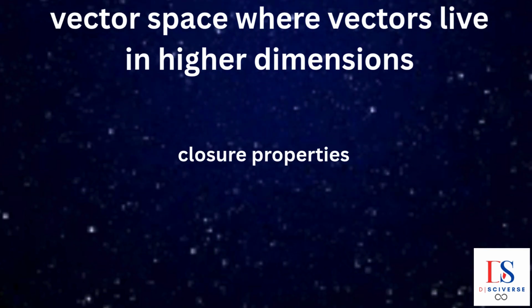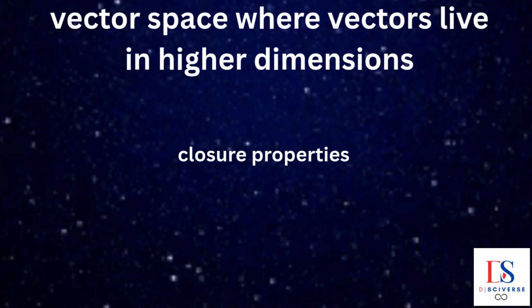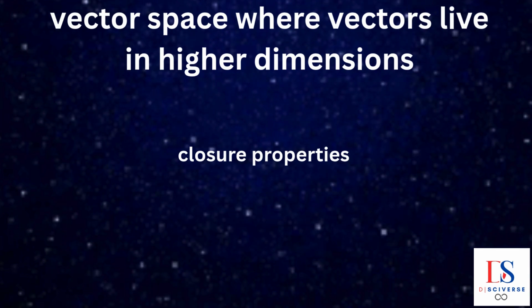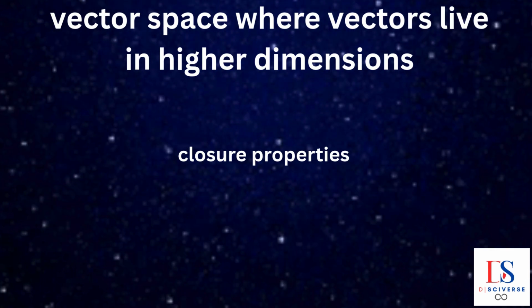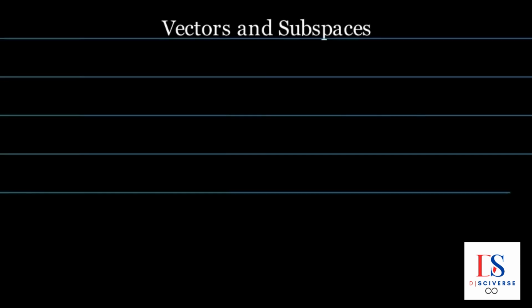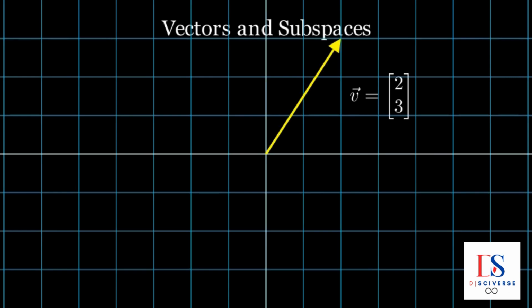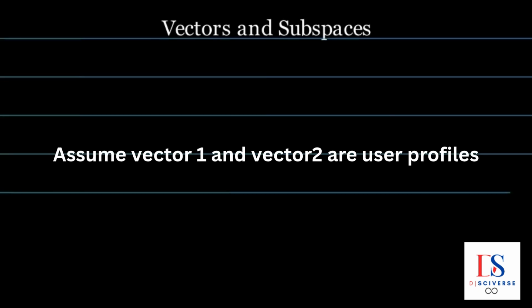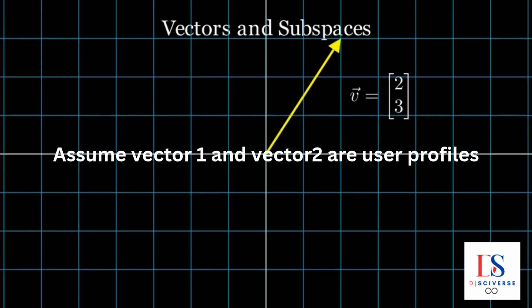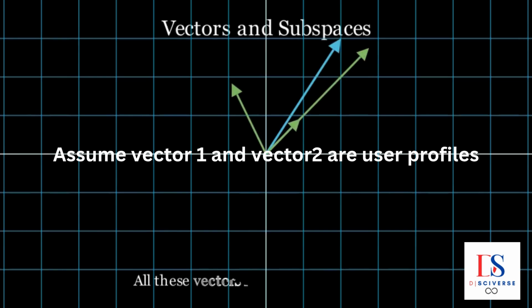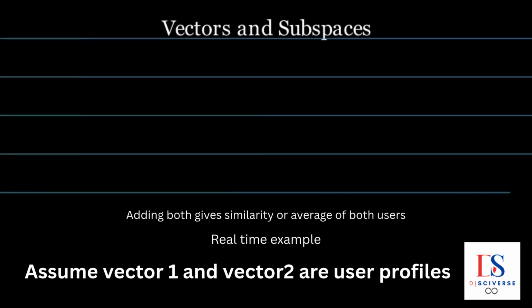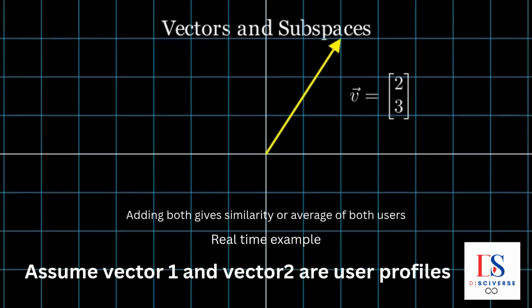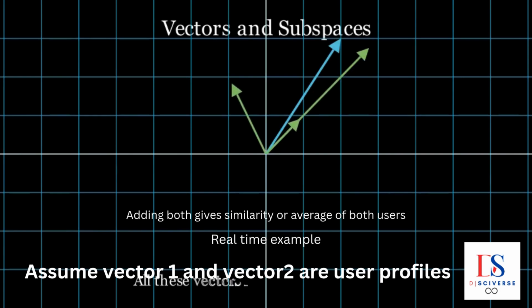Let me explain. The first rule is closure under addition. If you take two valid vectors in the space, two user profiles to be more specific with an example, and add them together, the result should still make sense and be in the same space.